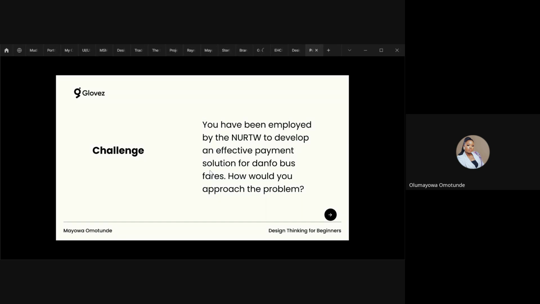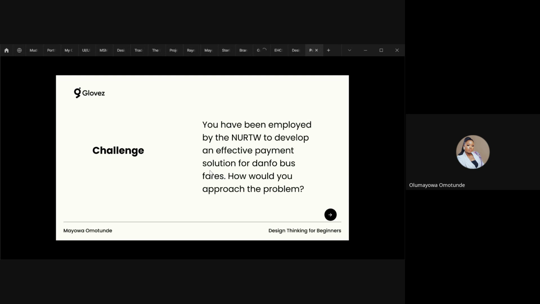The challenge is you have been employed by the NURTW to develop an effective payment solution for danfo bus fares. How would you approach the problem? I'm assuming everyone is a Nigerian here.